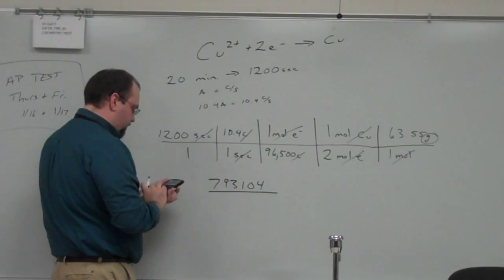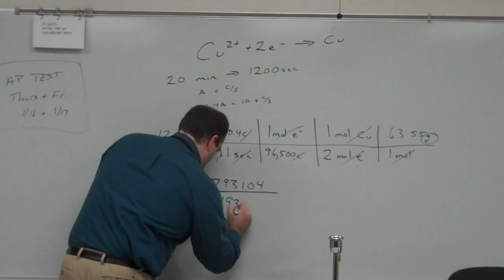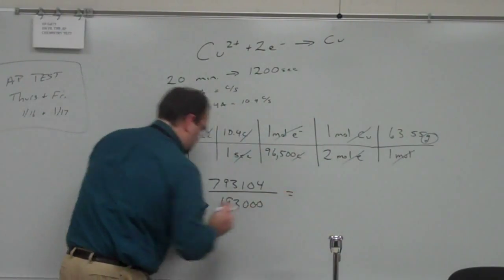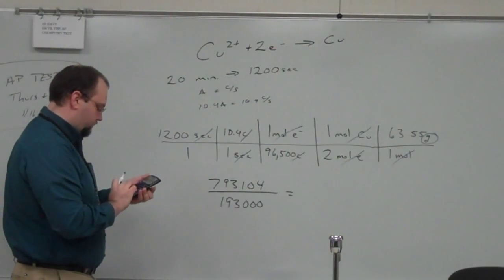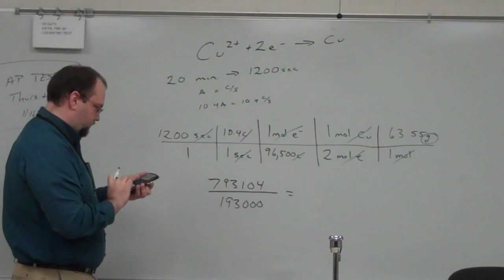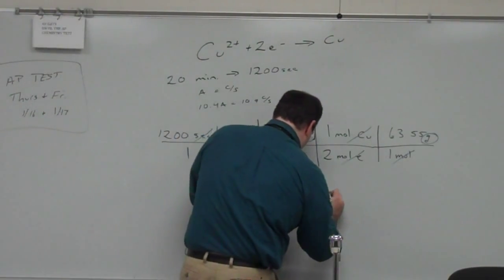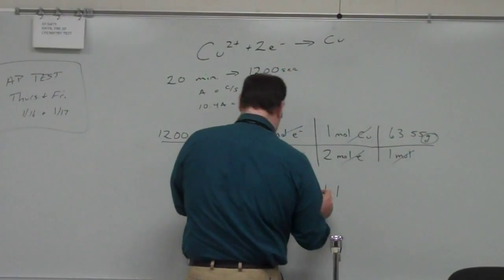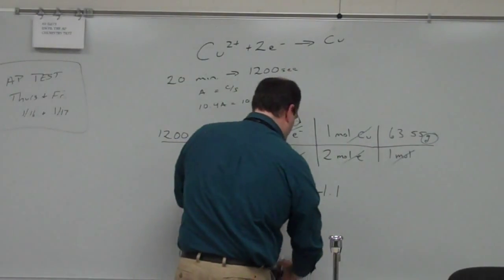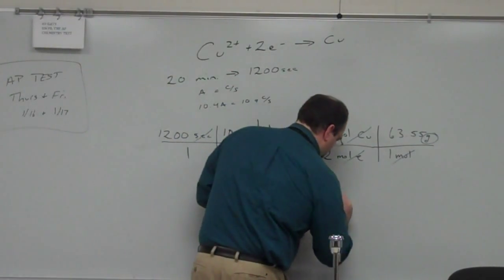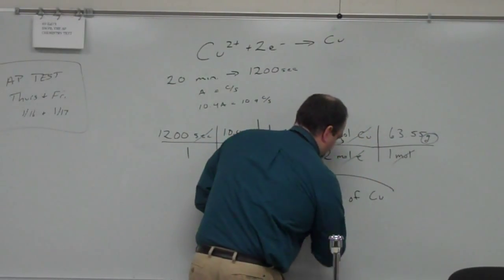I don't want to make a mistake with my mental math, so I will do it on a calculator, just in case. Okay, divide those two, and I get 4.1. Let me do my sig figs very quickly. Of course, I only did 1 sig fig. So I have, at the end, 4 grams of copper metal.